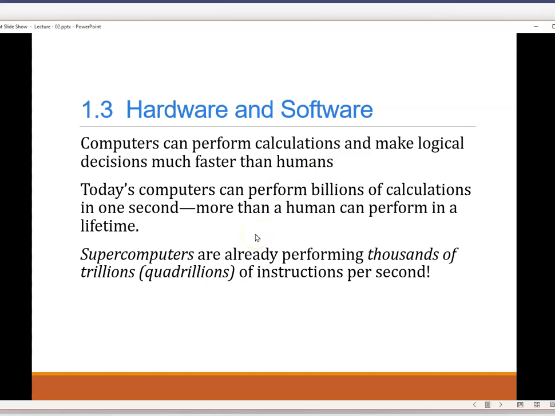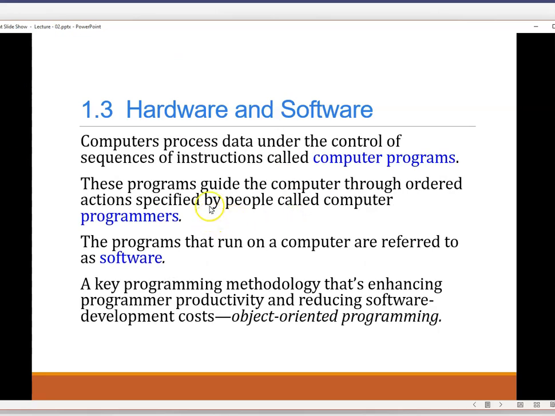So, hardware and software. Computers can perform calculations and make logical decisions much faster than humans. Today's computers can perform billions of calculations in a second, probably trillions or quadrillions, and more than a human could ever perform in a lifetime. That's where their power lies. The computers process data under the control of a sequence of instructions called computer programs.